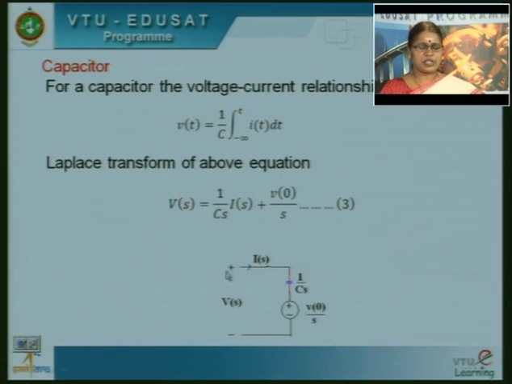So, if I draw the equivalent circuit, I can write V(s) as the supply voltage and the current flowing from the source is given by I(s).